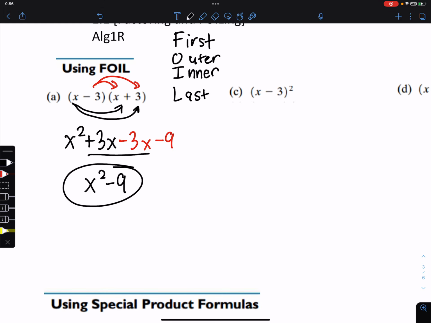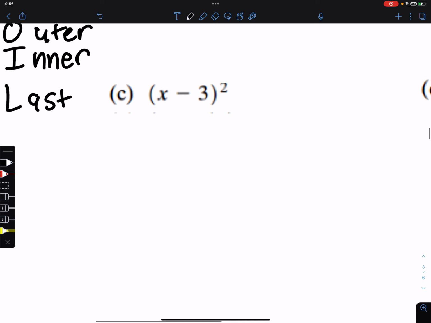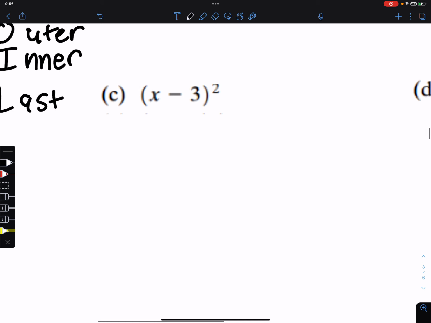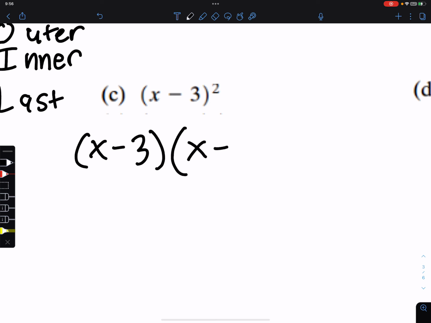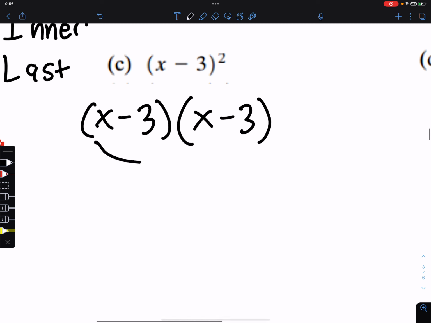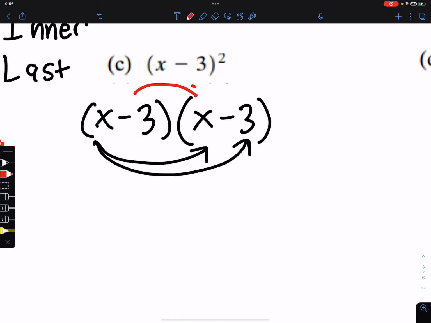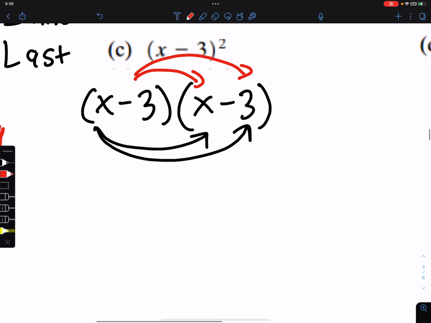Let's keep on going. Now x minus 3 squared. What we have to do when we have this entire thing squared, is we look at it as being multiplied together. Okay, and then we do what we've been doing. So this times this times this, plus this times this, and that times that.